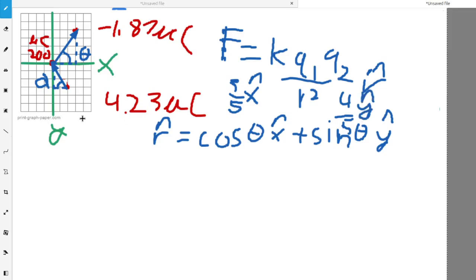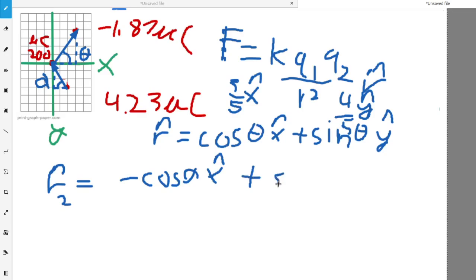Now, for this other one, call it r2 hat to distinguish it. Notice that this vector is negative in the x direction. That's going to be negative cosine alpha x hat plus sine alpha y hat.